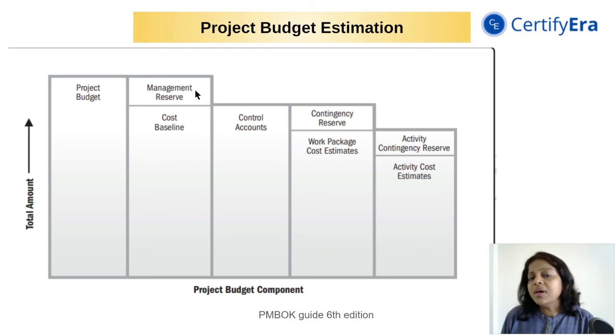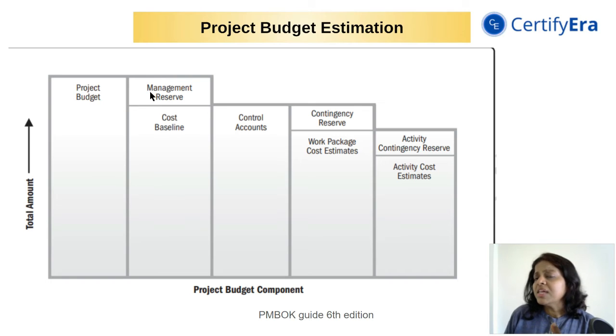For example, if the cost baseline of your project is $80,000, over and above this $80,000, the project management team and different stakeholders will try to add some management reserves, maybe of $25,000 or so, depending on the project, the industry, the domain, the complexity, and various other factors. They will try to decide the management reserves.